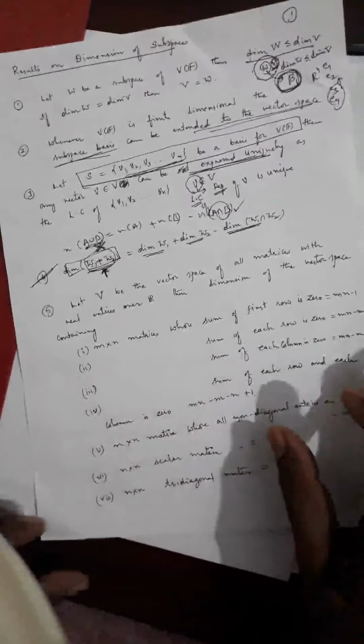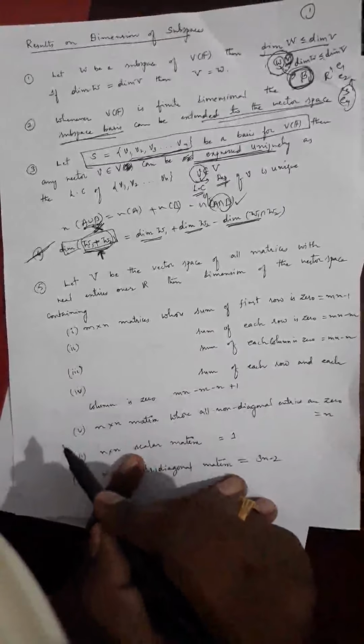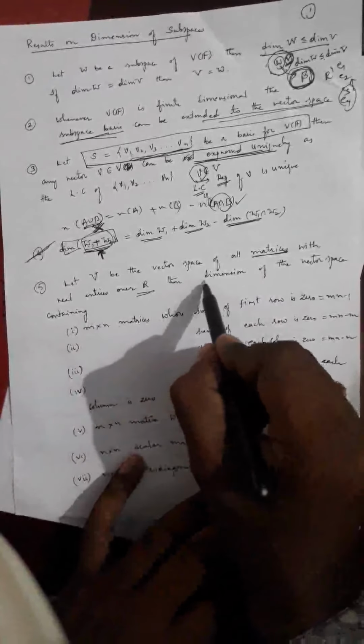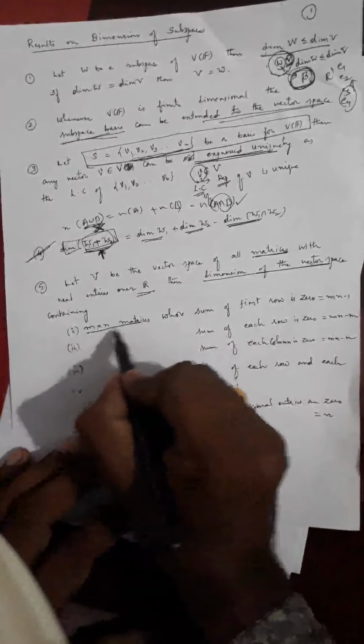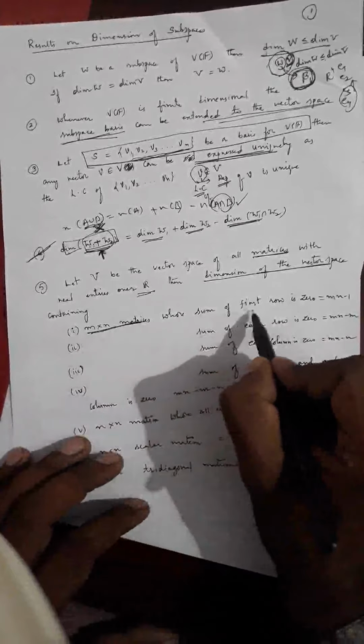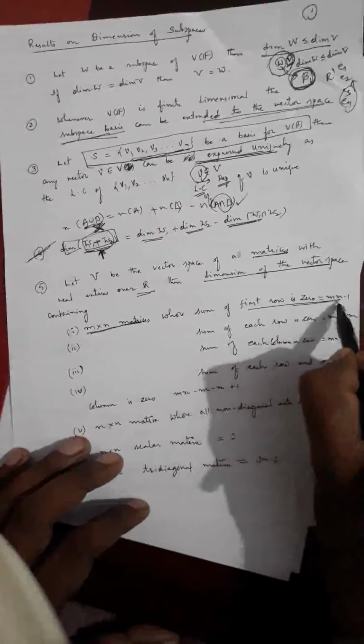Okay, the fifth one is important from the point of view of examination. You see here, V is a vector space of matrices over the real entries. Then what is the dimension of the vector spaces of the following categories? So I have M cross N matrices whose sum of the first row is 0.